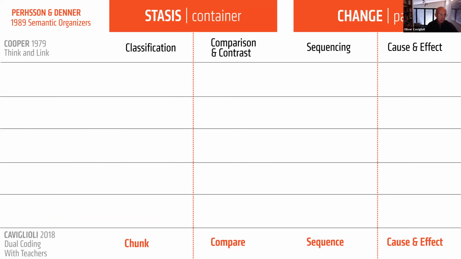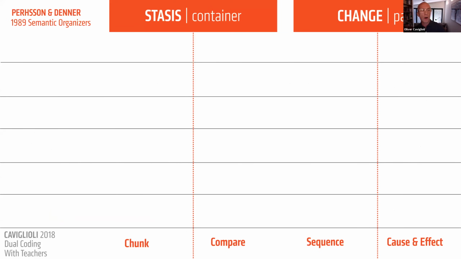So I picked up a book in a library once by Cooper called Think and Link, and you'll see the same. Before we start, let me go backwards. Pearson and Deno wrote a fabulous book called Semantic Organisers for Special Needs in America, and they themselves came up with a primary distinction.